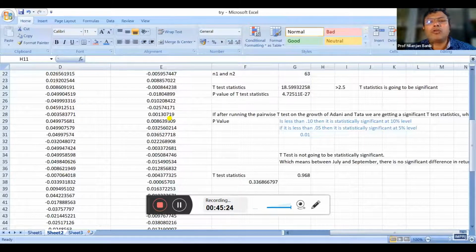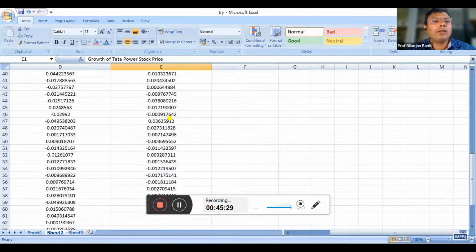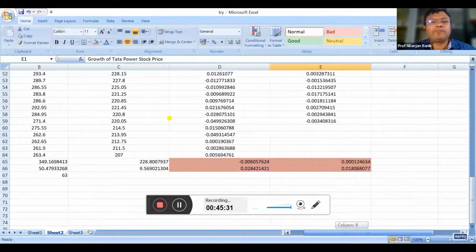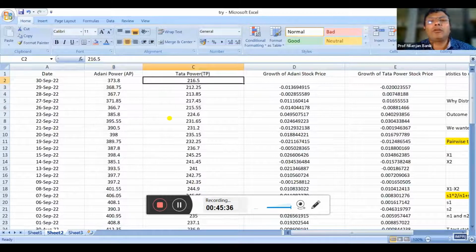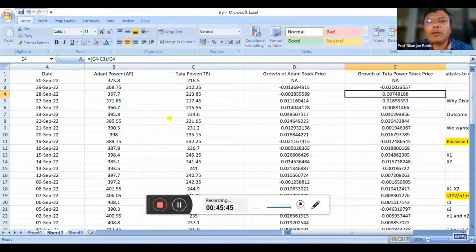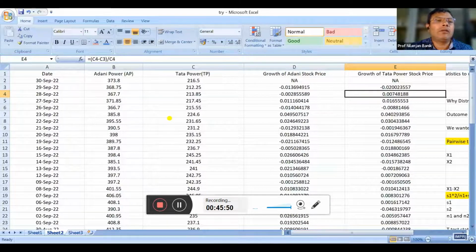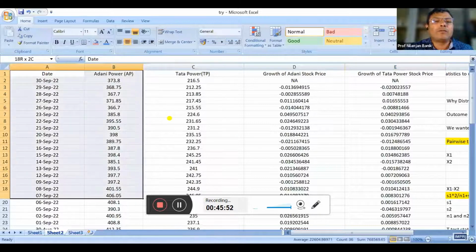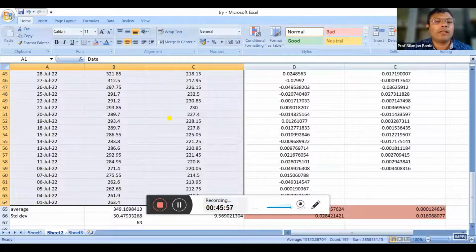Garima is asking why it is 2 here. Garima, you see that we have lost one observation here. Earlier we had 63 observations here. But the moment I'm calculating the growth rate, I'm losing another observation, so this becomes not available. What you should do is transpose this data, because the data is starting from 2000, so the growth rate will actually start from here.